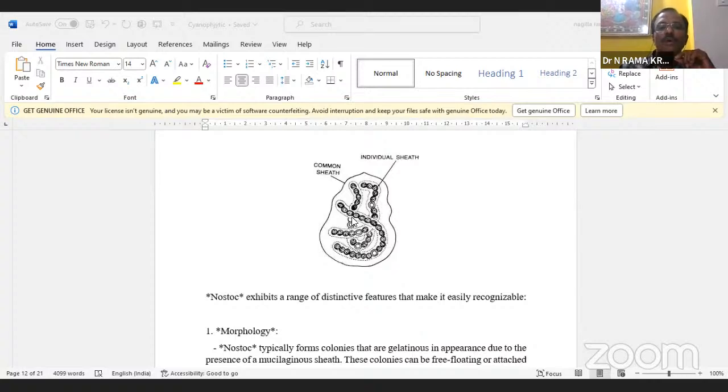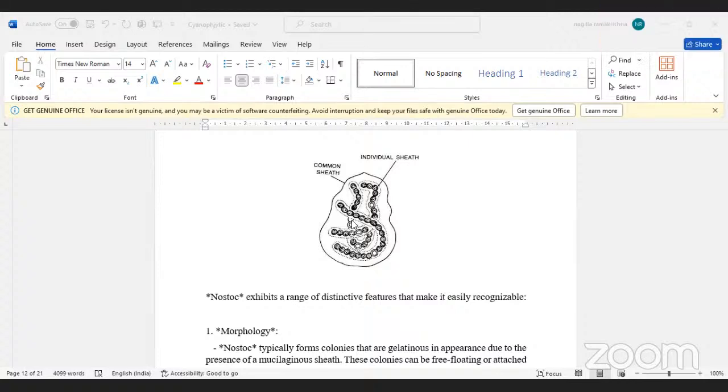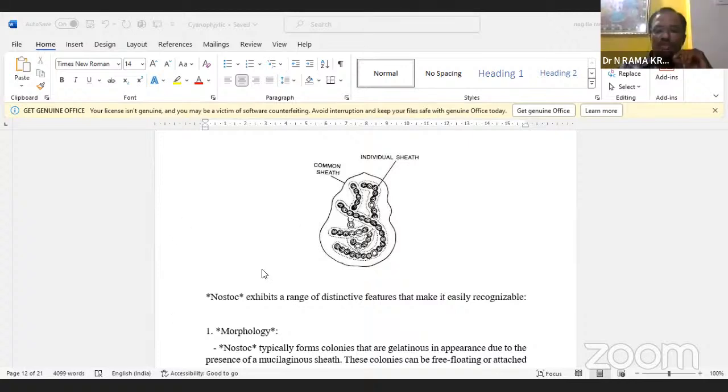Now you see some empty places are visible here. These empty-looking places we call heterocysts. Heterocysts are specially concerned with the multiplication of filaments by dividing into hormogonia.